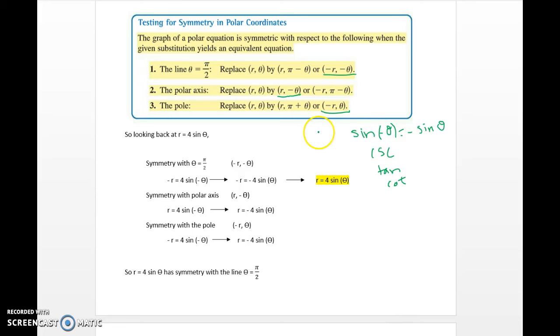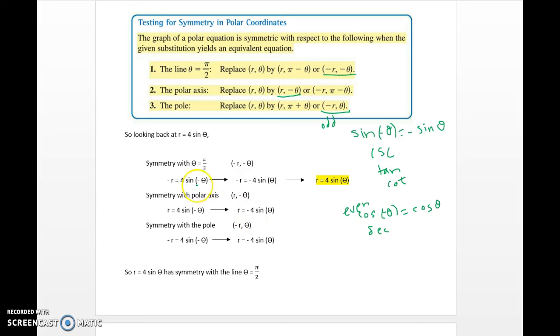They're all odd functions. Cosine is an even function. So if we were to plug in cosine of negative theta, we would just get cosine theta because it's even. And cosine and secant are the only ones that do that. So you got to keep in mind the even, odd trig functions.